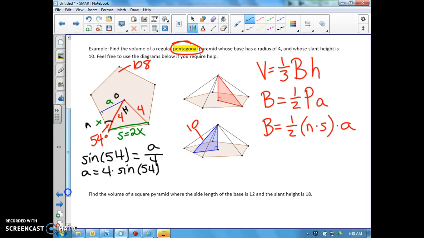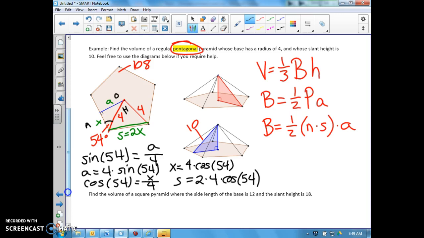For half of my side length, I'm going to have to use cosine because I have an A and an H. So we're going to do the cosine of 54 equals X over 4. So my half side length, X, equals 4 times cosine of 54. Which means that my side length for the whole side is 2 times 4 times the cosine of 54. Okay. So I've now found S.